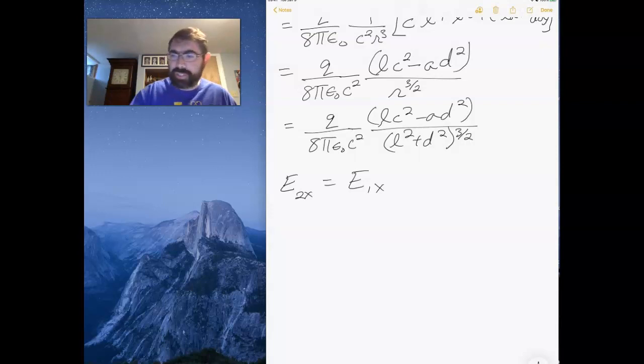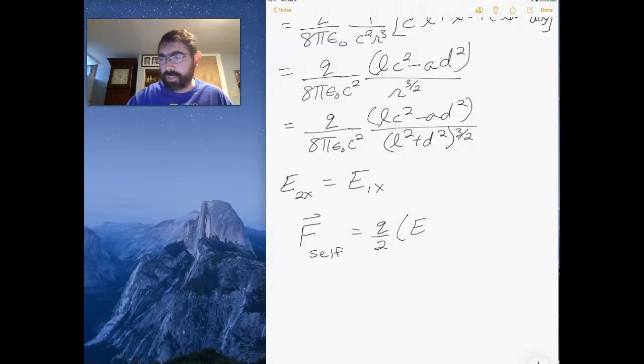So therefore the net force, which I'm going to call self, so basically the self interaction between these two charges, is Q over 2 times electric field 1 plus electric field 2. So there's a force of 1 acting on 2 and the force of charge 2 acting on charge 1.